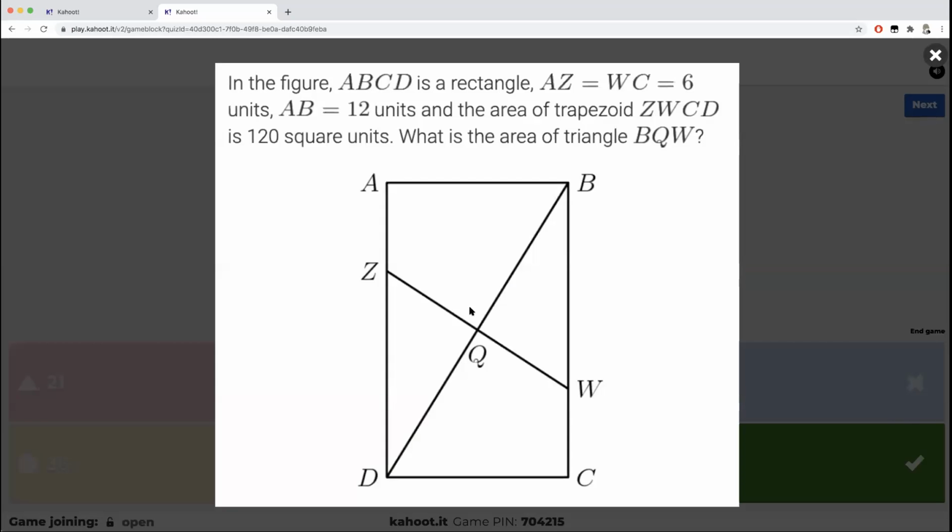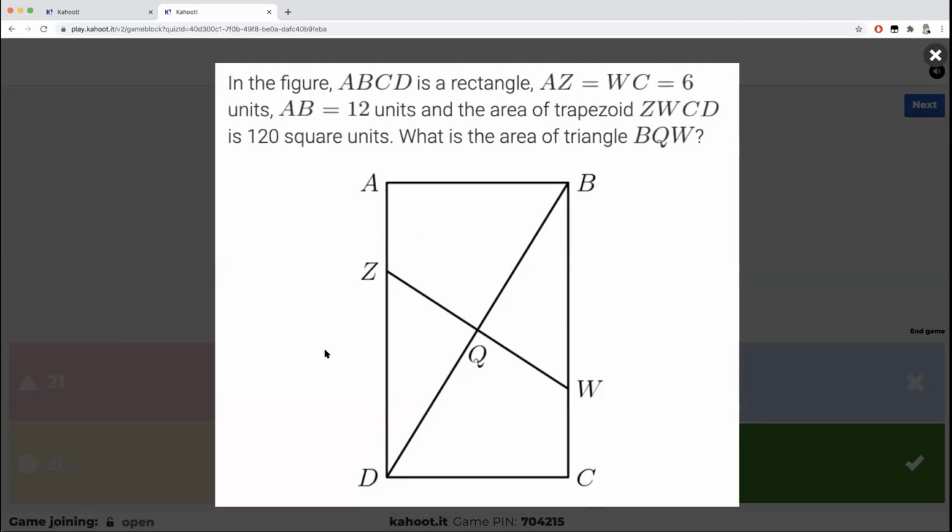So we have ABCD is a rectangle with AZ equals WC, so this is 6. AB is 12 units. The first thing I will try is to find the length of ZD, which we can do because we already know the area of trapezoid ZDCW. So we take (ZD plus WC) divided by 2 times DC equals 120.